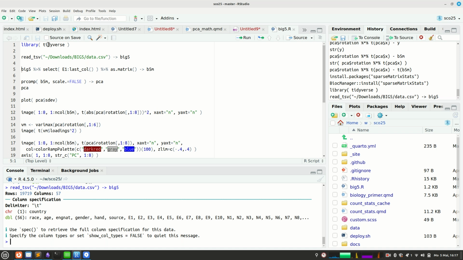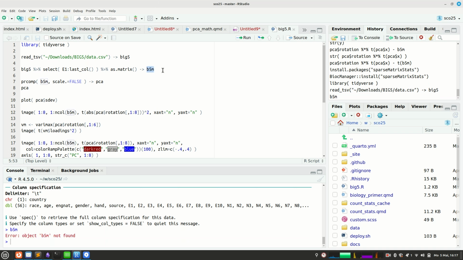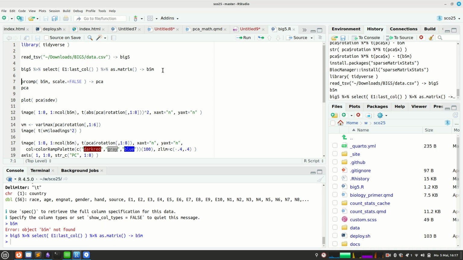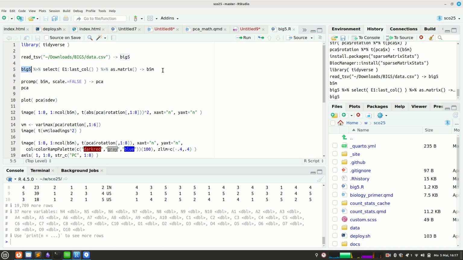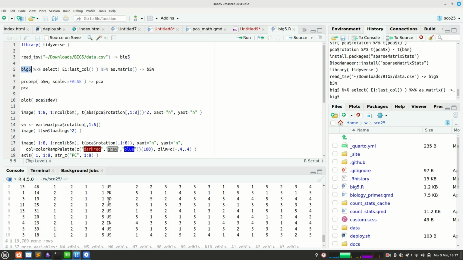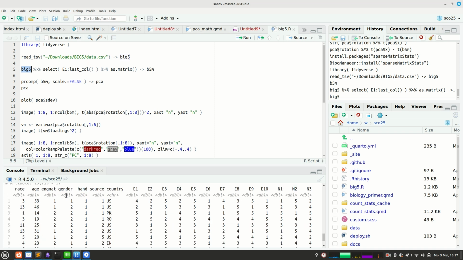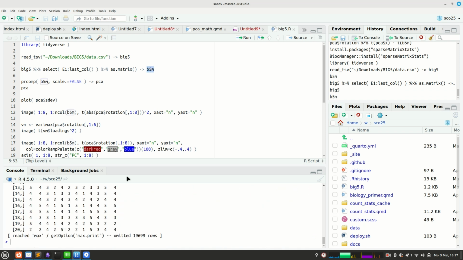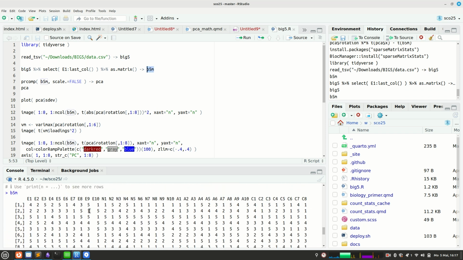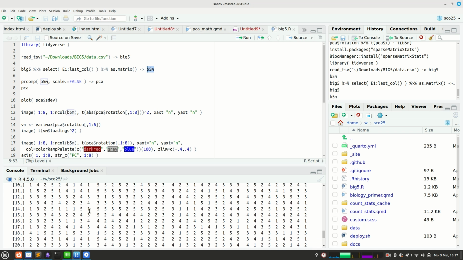And when you do that, you get this big matrix here, with some information about sex and source country and so on, and then answers to 50 questions. I took the 50 questions out here, and here are the answers of the subjects to these 50 questions.